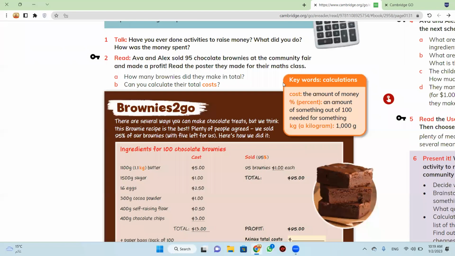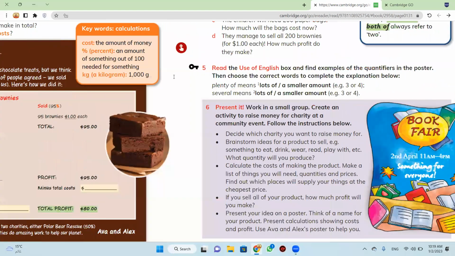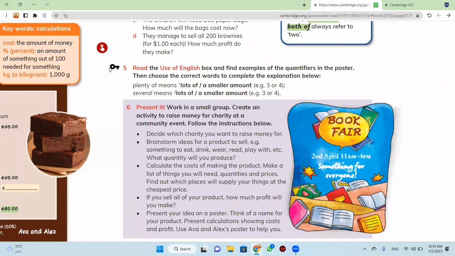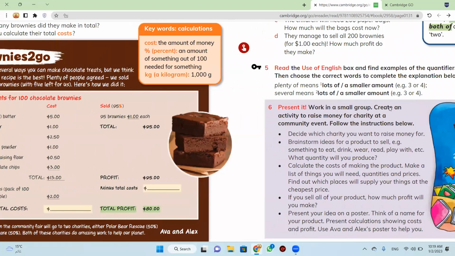So we have this poster, okay? And we can say the first line, we have the word several. The second line is plenty, okay? So these are the examples we found in the poster. Then choose the correct words to complete the explanation below. So first, let's go back to the first line.